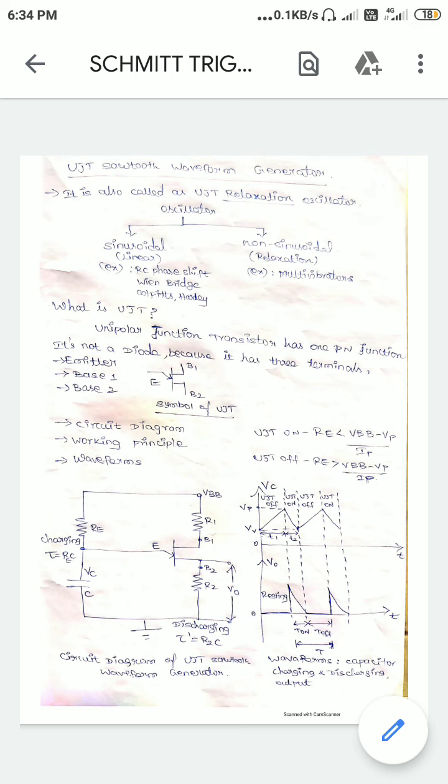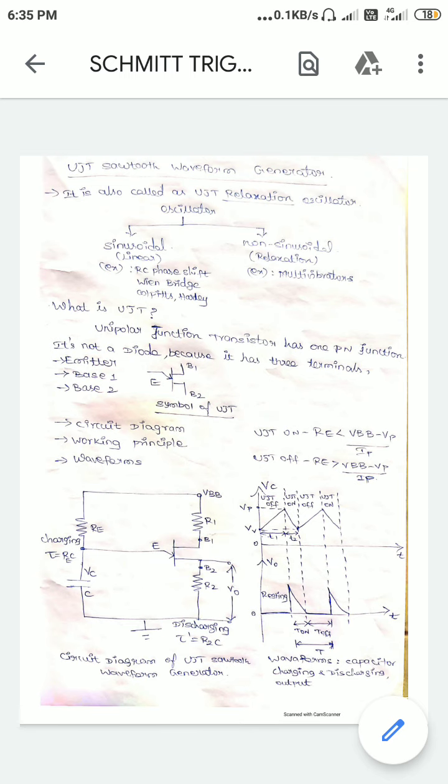Here the emitter is the input terminal, connected to the base biasing voltage VBB through the resistor RE. The capacitor C is also connected to the emitter, and the capacitor's other terminal is grounded. The voltage across the capacitor is called VC.